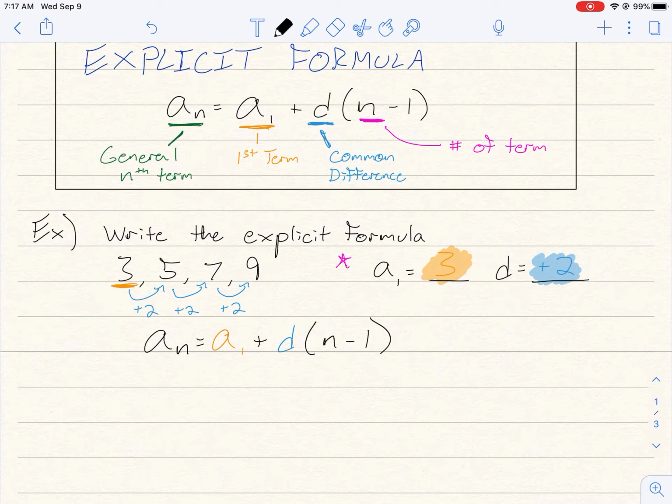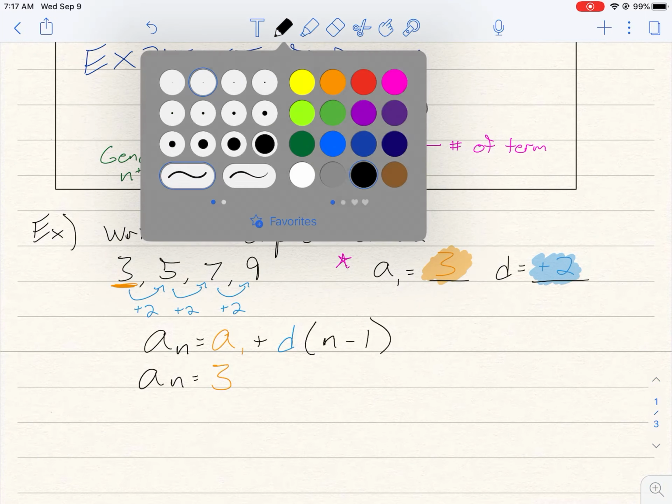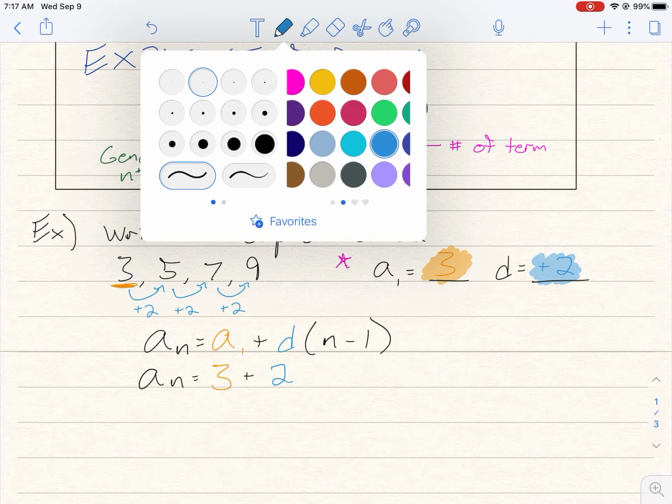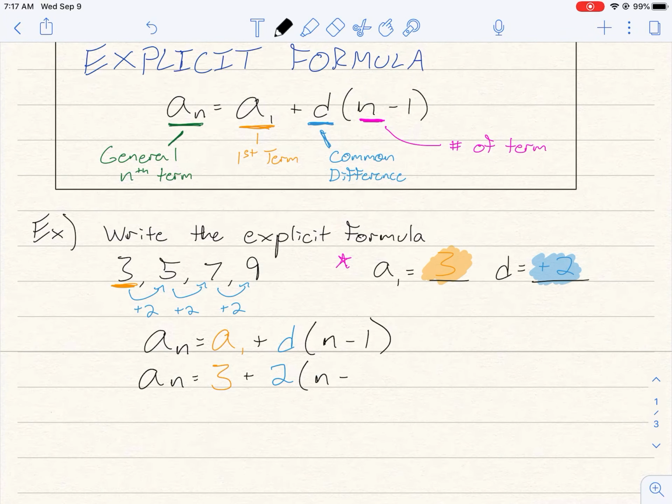Now if your d was negative, you could still do a plus and negative number, or you could change this addition sign to subtraction. But we're doing an addition because our common difference was adding 2. So let's fill in. We got a sub n is equal to, our first term was 3, my common difference was 2, and then times n minus 1. So all I did was plug in a sub 1 and d.